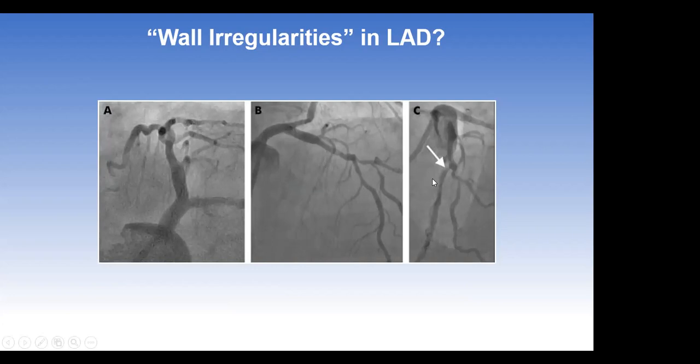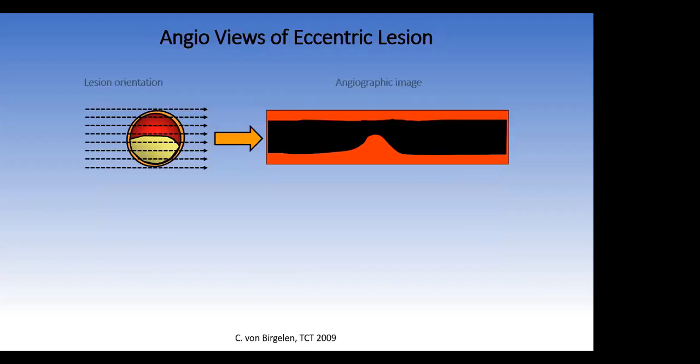And then on C, you might see that the diagonal is not that bad, but the LAD is worse. If you look at the same picture 3 times, you get intrapersonal variability. Every other day you will see something different. If you ask for a second opinion, they will see something different. Again, pointing to the fact that coronary angiogram is very subjective.